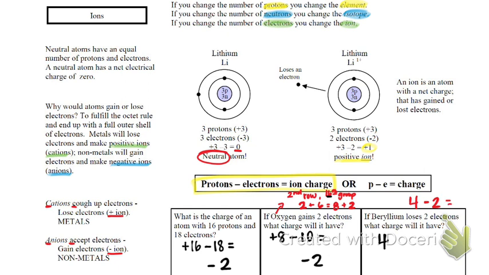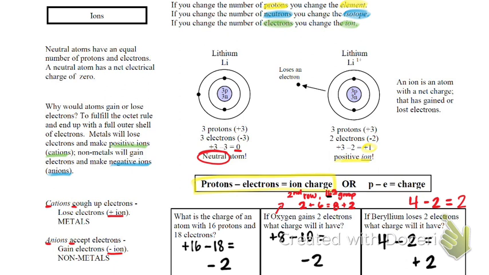So if we take away 2 electrons, how many is it going to have? Just 2. So we have 4 protons and 2 electrons. So this overall charge is a +2. Okay? Questions there?